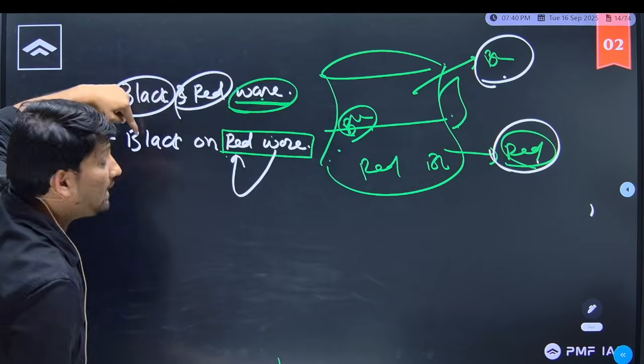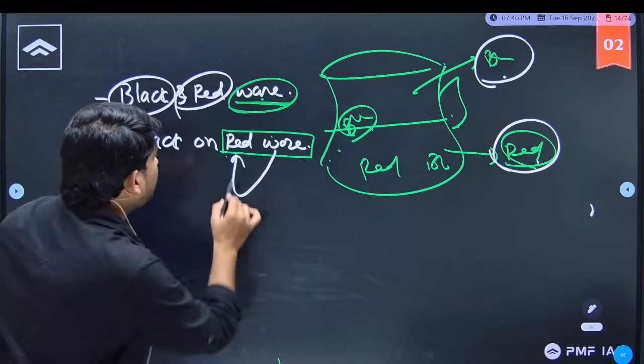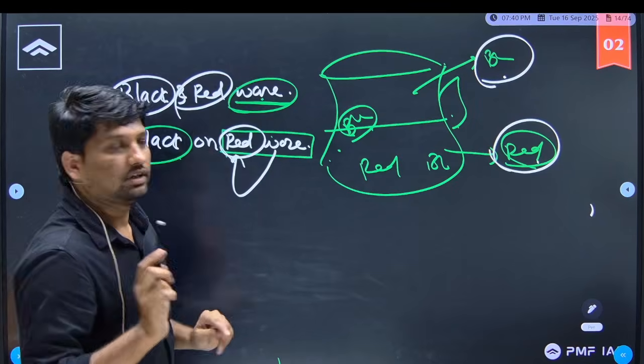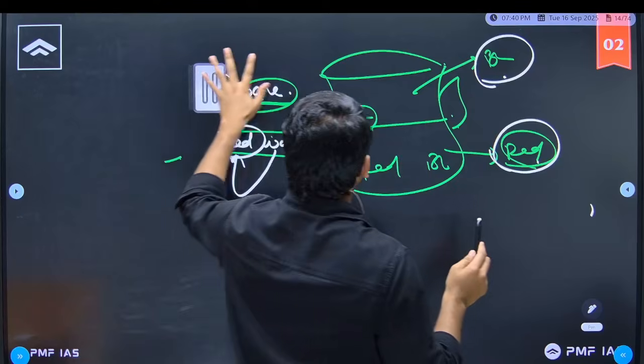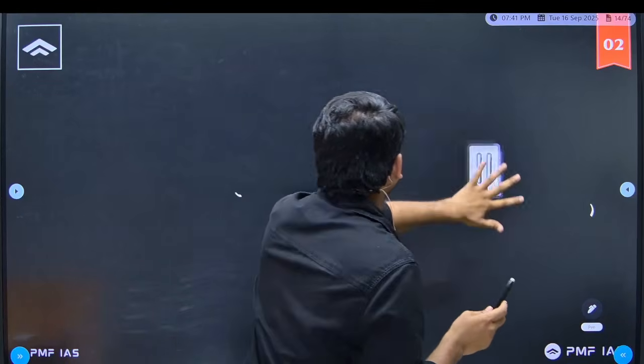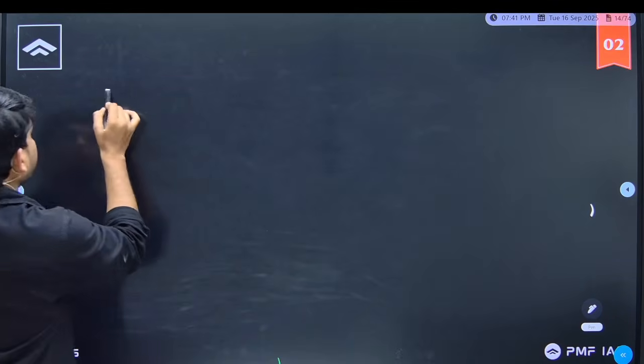If you consider black on red, the pottery is red colored and the design is in black. So remember this difference. During this Chalcolithic period, the most common painted pottery was black and red ware.